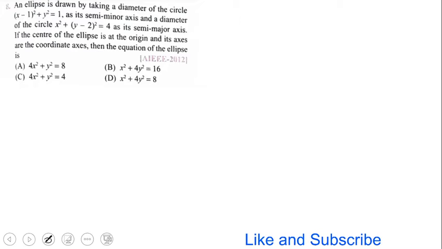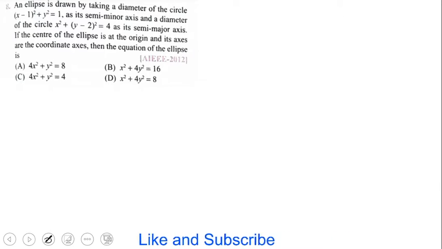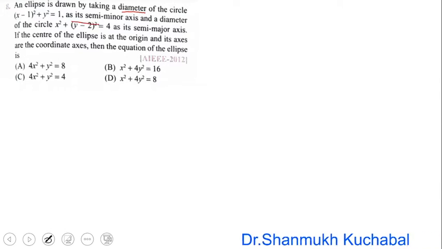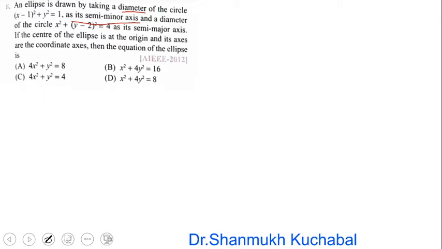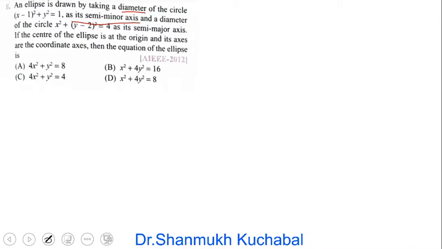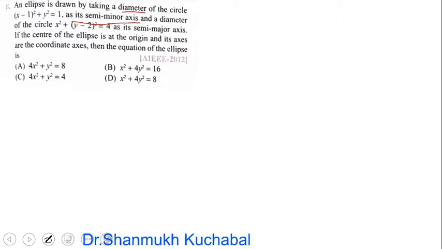The question is, an ellipse is drawn by taking the diameter of the circle x minus 1 whole square plus y square equal to 1 as its semi-minor axis, and the diameter of the second circle as its semi-major axis. So the diameter of the first circle is the semi-minor axis, and the diameter of the second circle is the semi-major axis.